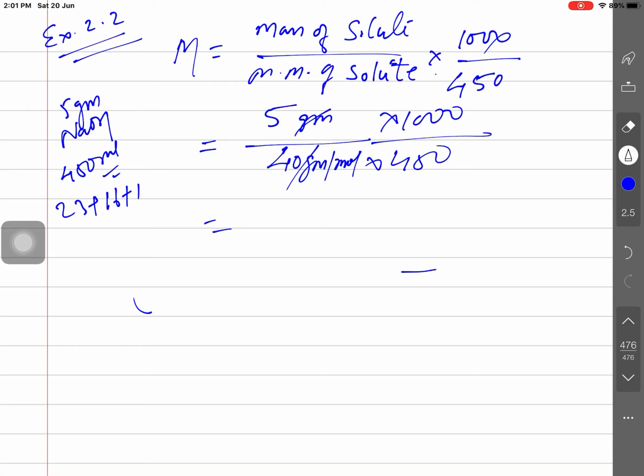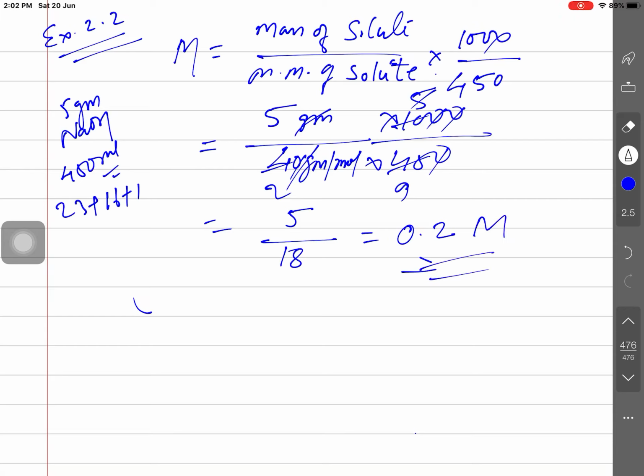Solve this, and the answer is 0.2 M. This is mole per liter, the unit is mole per liter.